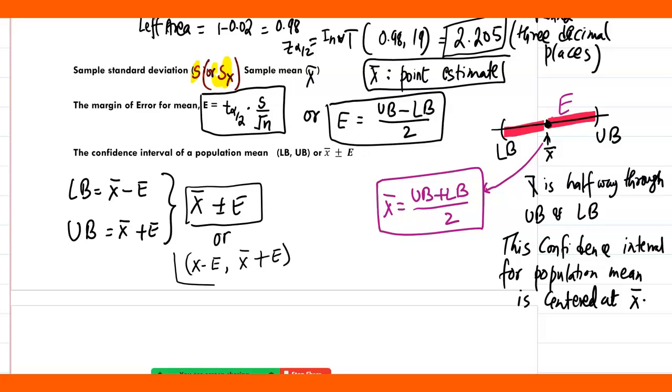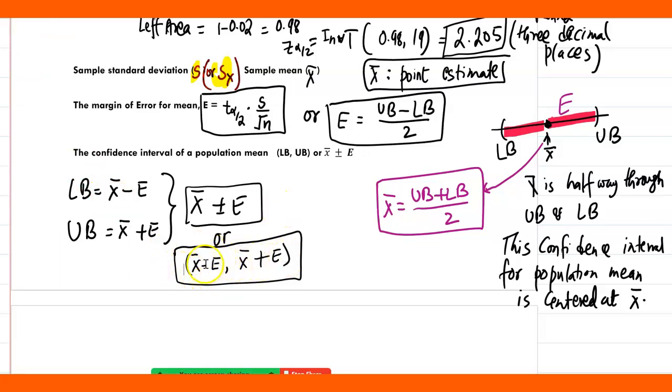You will see different formats of the confidence interval in the homework, so I'm writing the possible formats you'll see.